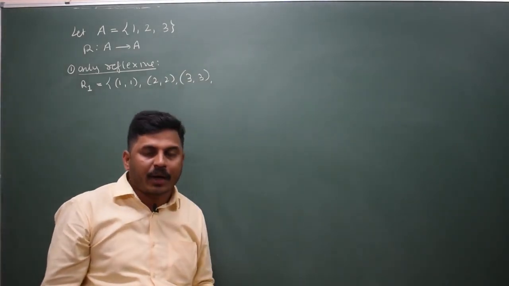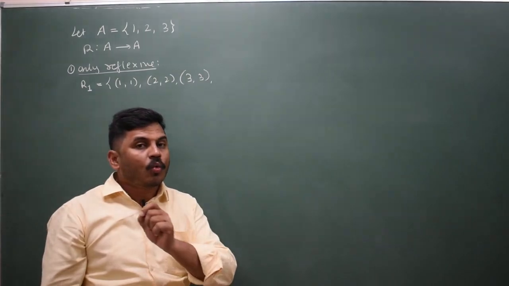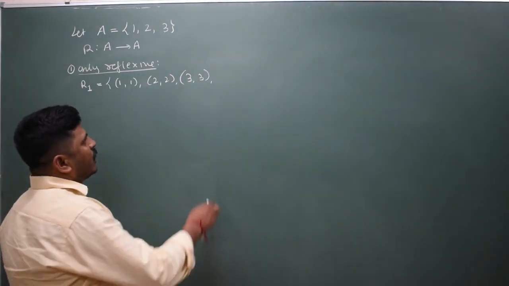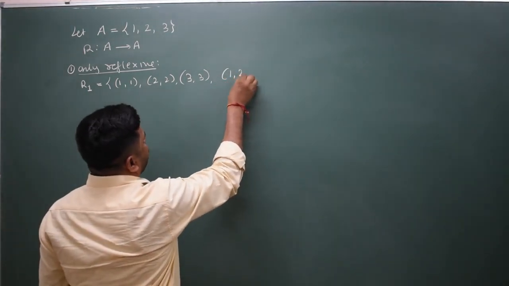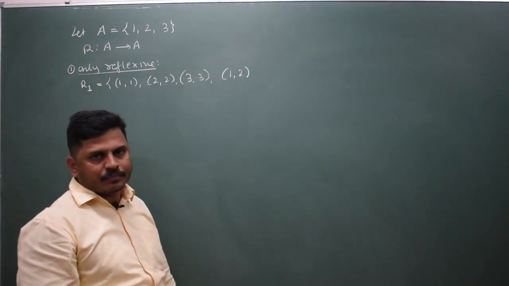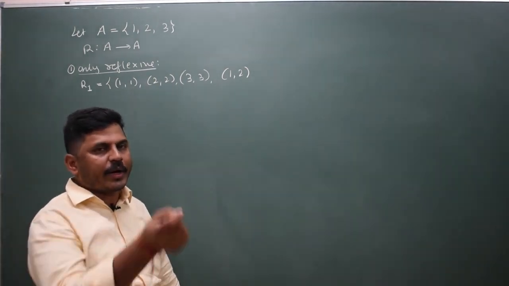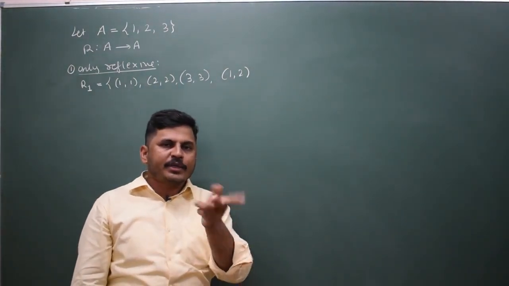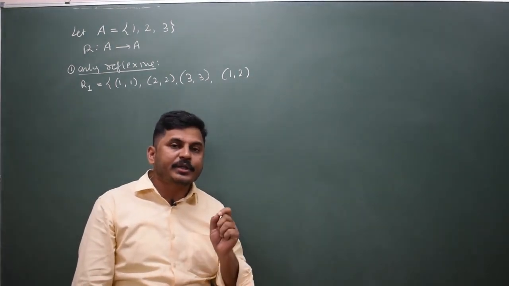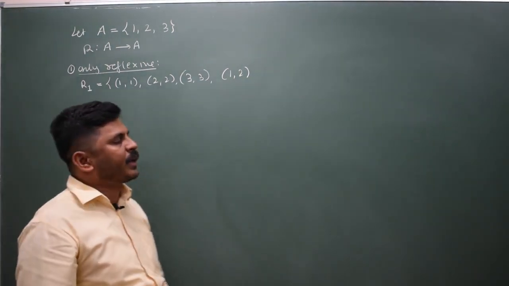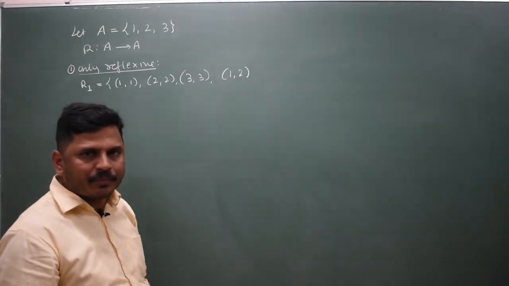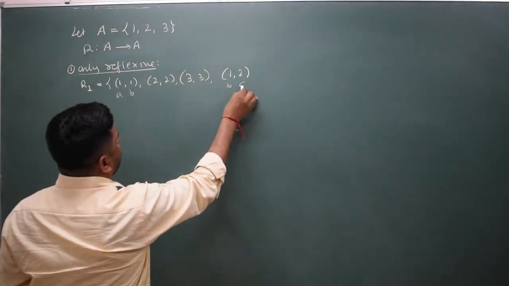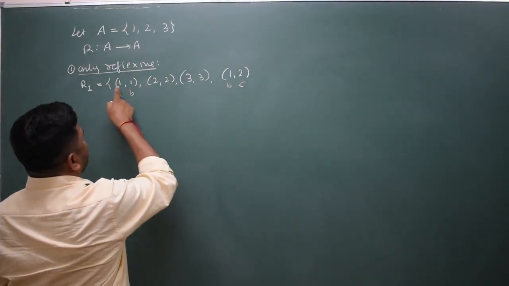It is symmetric also. But what we asked for is only reflexive, meaning it should not be symmetric and should not be transitive. So to not be symmetric, I will add 1, 2 but I won't add 2, 1. I will write 1, 2, but I won't write 2, 1. If 1, 2 is there, 2, 1 is not there, then it is not symmetric. Is it not transitive? We can check the elements. A related to B, B related to C, then A related to C, that is 1 related to 2.